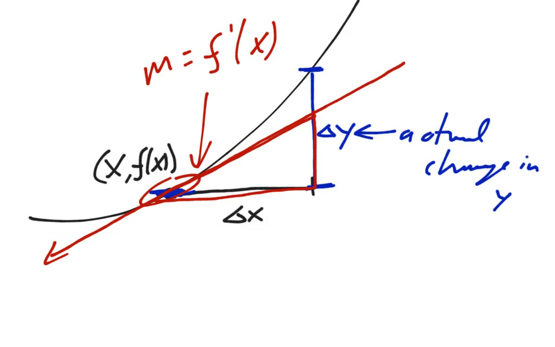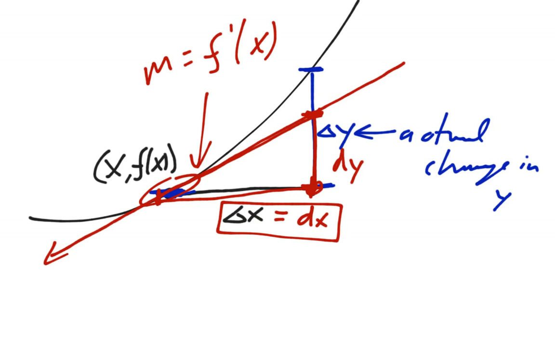When I put those labels back on our original picture, notice that the dx and the delta x match up exactly. And so we get the relationship that delta x equals dx. However, dy, which is this distance here from this point down here to this point up here, does not equal delta y.